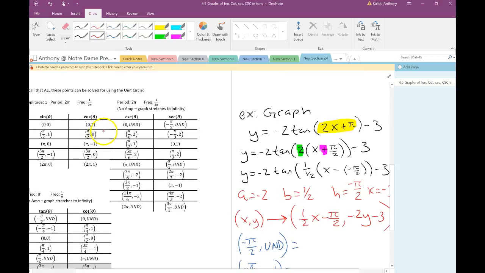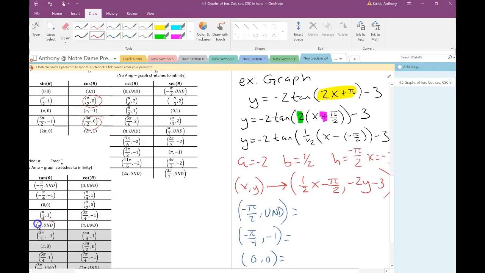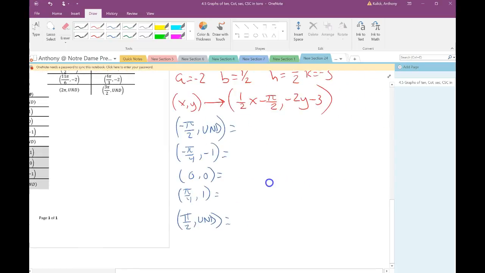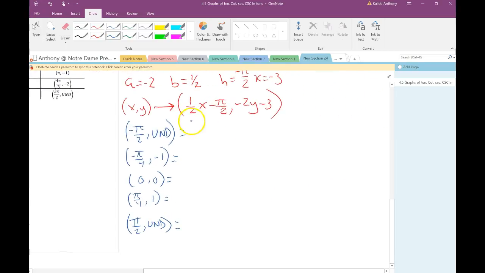So you notice cosine is equal to 0 here at pi over 2 and 3 pi over 2. Pi over 2 and 3 pi over 2 and negative pi over 2 are the same place on the unit circle. So that's why those are undefined, because again, tangent is sine over cosine, right? It's undefined. Exactly. Okay. So now we're going to go ahead and plug these things in and evaluate.